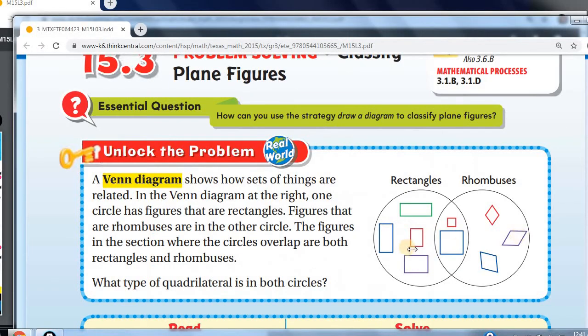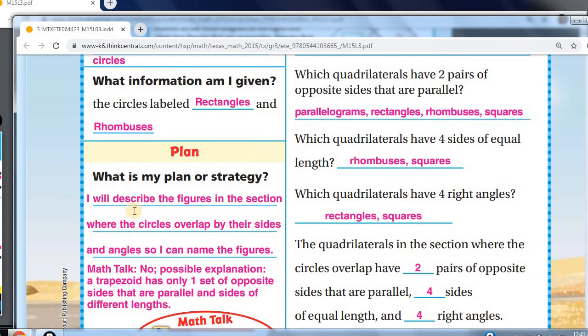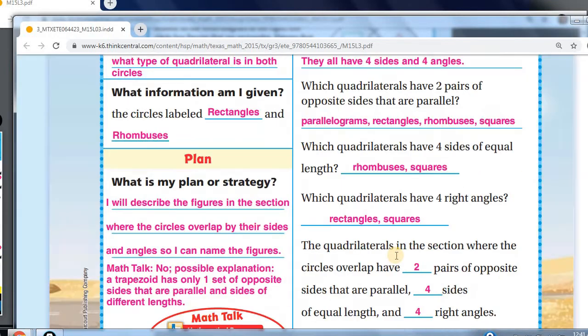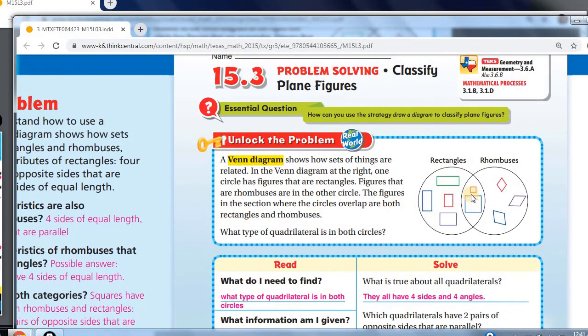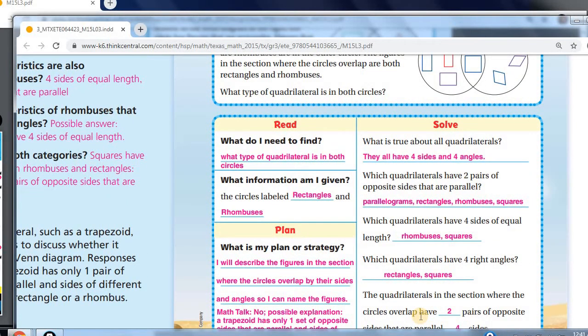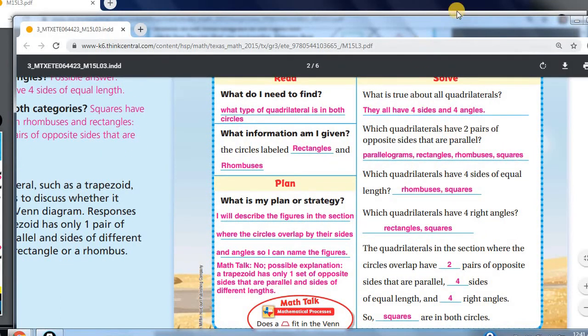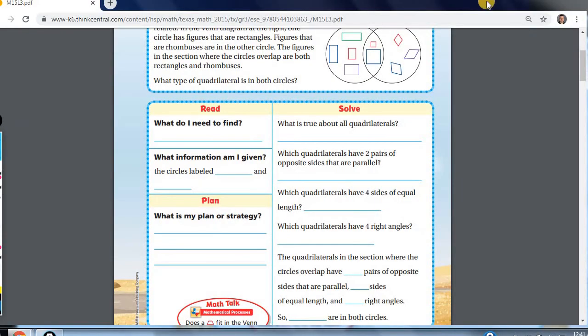Now I have something already for you here. Again, I will describe the figures in the section where the circles overlap by their sides and angles so I can name the figures. So that's what I'm going to be doing to solve. I went ahead and have this handy for you here, but I wanted to walk you through it.